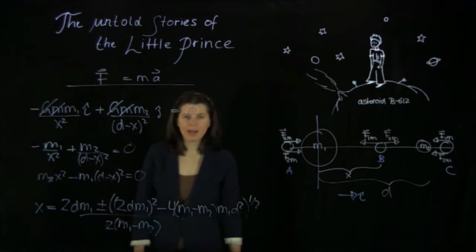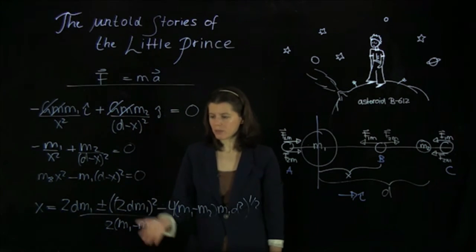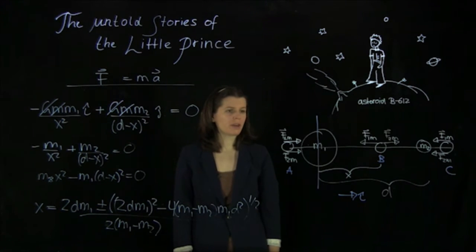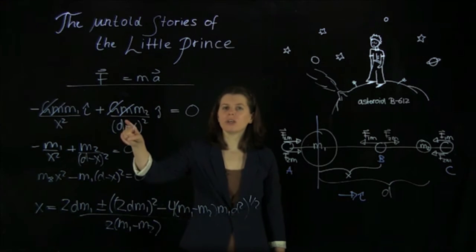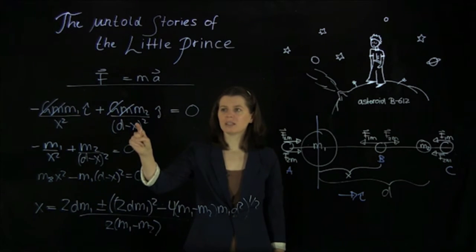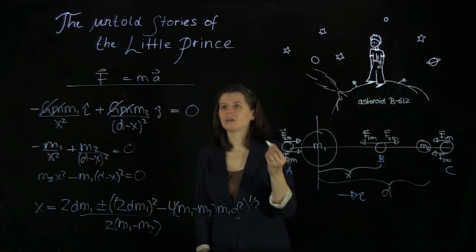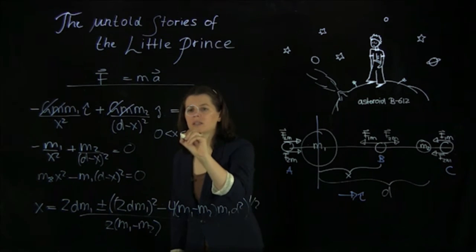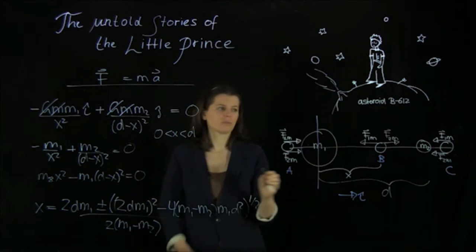So we have this quadratic equation here, the solution, and we now need to consider one more thing, namely this equation here is only valid if x is between 0 and d.